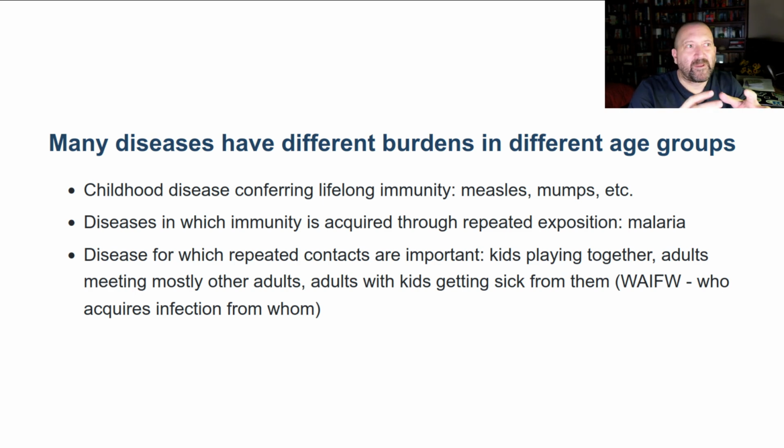Also, you can think of diseases in which the type of contacts are important. For instance, if you're thinking about influenza, kids play with kids more and adults stick with adults more. And so the mixing between individuals is not homogeneous.